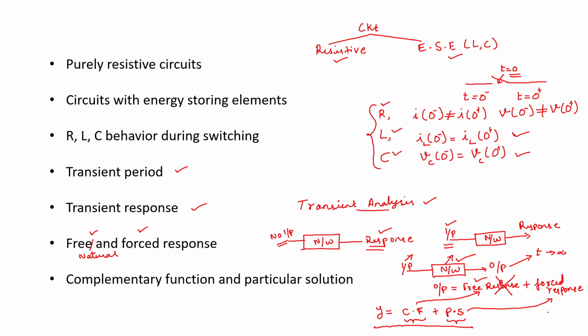So your output when time tends to infinity will be called the steady state response. These are some of the basics for transient analysis. In the next video, we will be looking at transient analysis of different types of circuits.